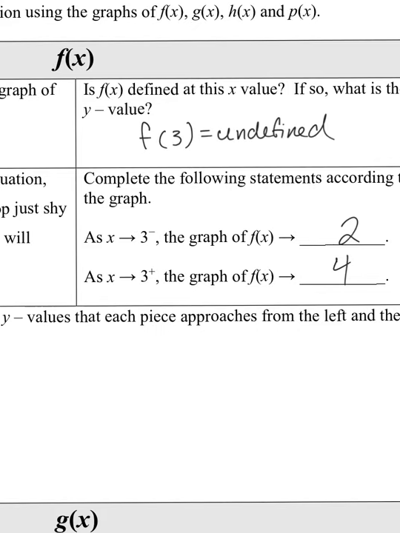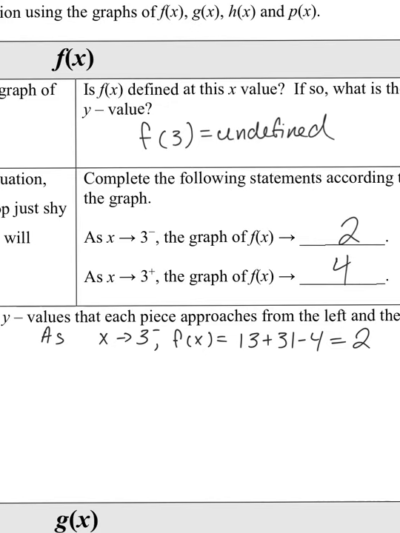So let's see what happens here. It asks us, using the equation of f of x, determine the y values that each piece approaches from the left and the right of x equaling 3. As x approaches 3 to the left, we have f of x is 3 plus 3 minus 4. That is the equation for the absolute value function of f of x. So what's 3 plus 3 minus 4? 2.